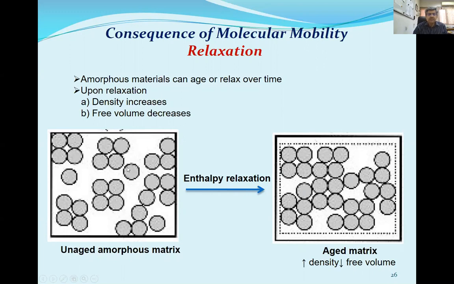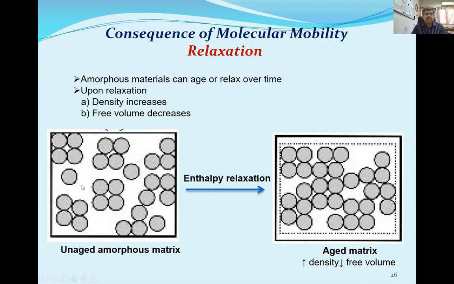These are the molecules shown by these circles, and upon enthalpy relaxation, which is nothing but losing the excess enthalpy to the environment, the material becomes aged, and you can see the molecules have now come closer to one another. So there is an increase in the density of the sample, and then there is a decrease in the free volume.